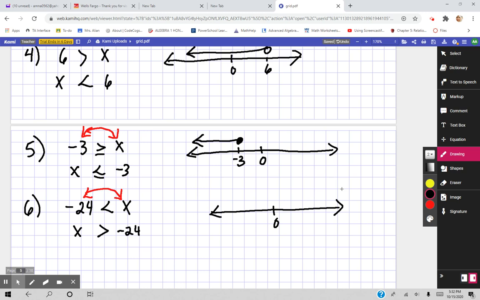Okay, so then x is greater than negative 24. Here's negative 24, and it's greater.